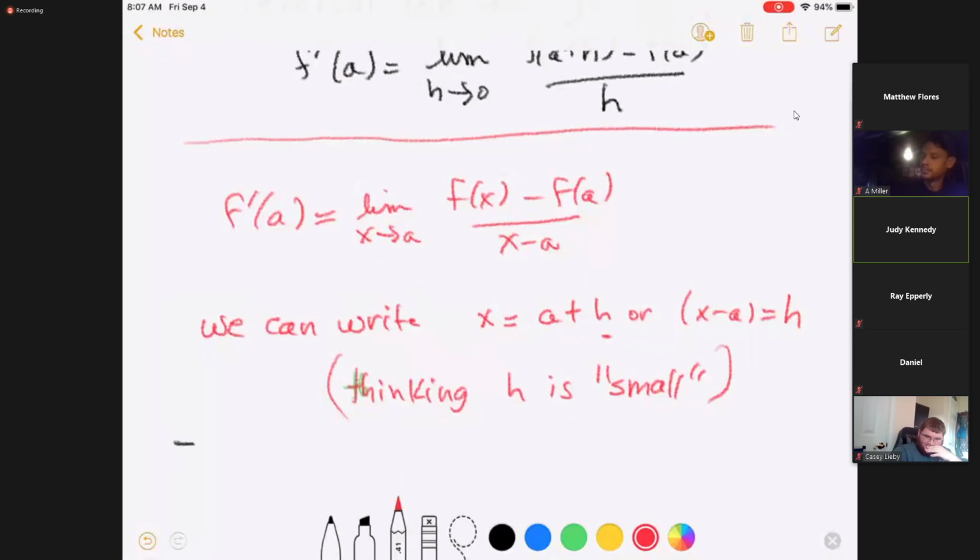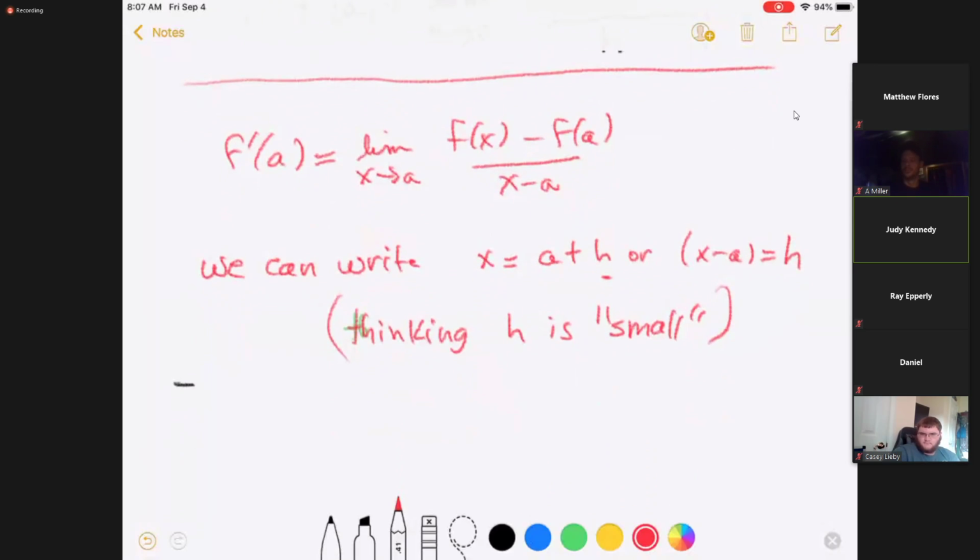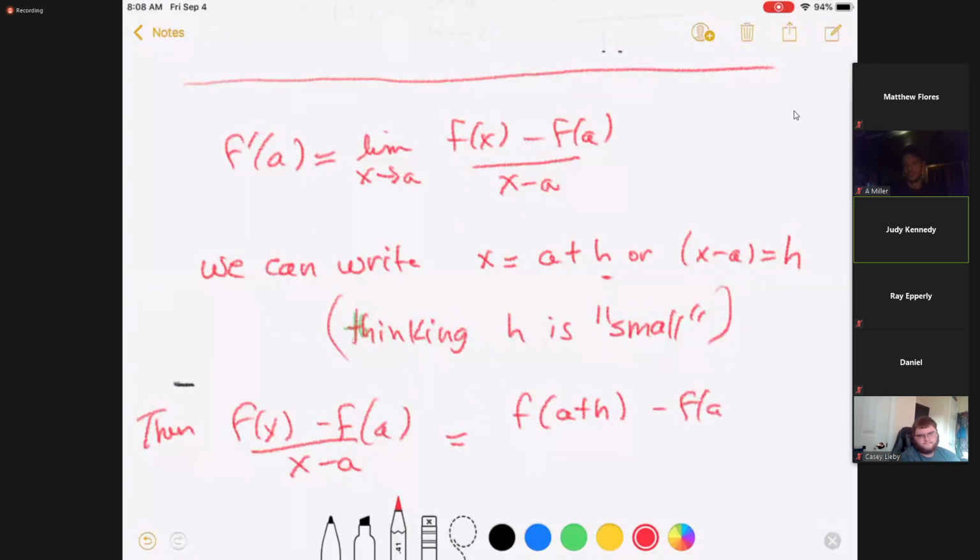All right, then if that's the case, f of x minus f of a over x minus a can be rewritten in terms of h as f of a plus h minus f of a, and x minus a is just h.